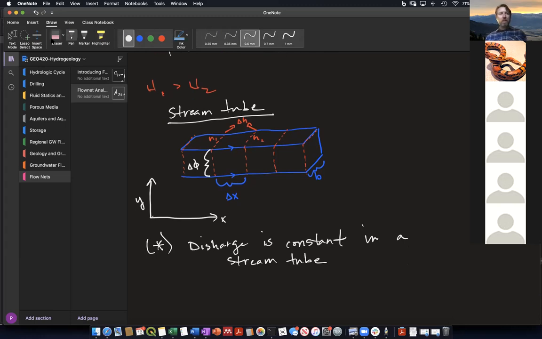That means the flow coming into the stream tube, Q in, equals the flow going out. And any place I slice this stream tube, the discharge will be the same. So we can think of a stream tube as a zone where these two flow lines bound an area where the discharge within the aquifer is constant in between those two streamlines.